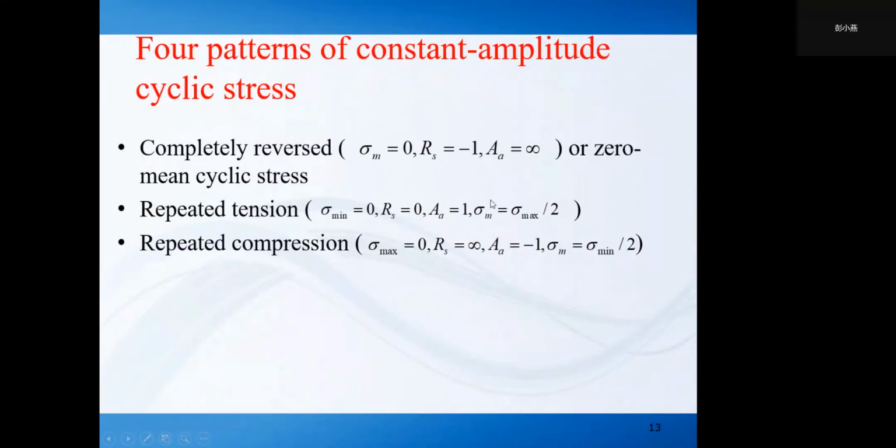Okay. And the mean stress is half of the maximum stress. This is for repeated tension. And for repeated compression, the maximum stress is 0, and the mean stress is half of the minimum stress. Okay.